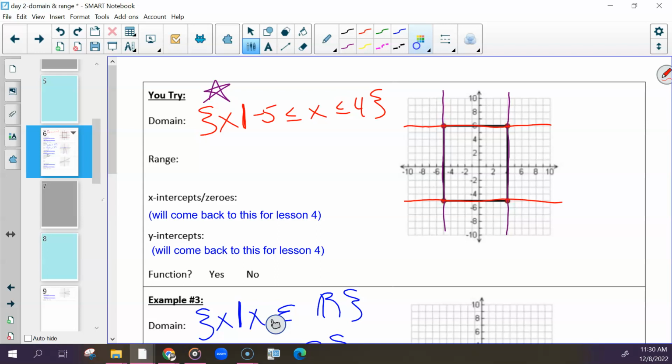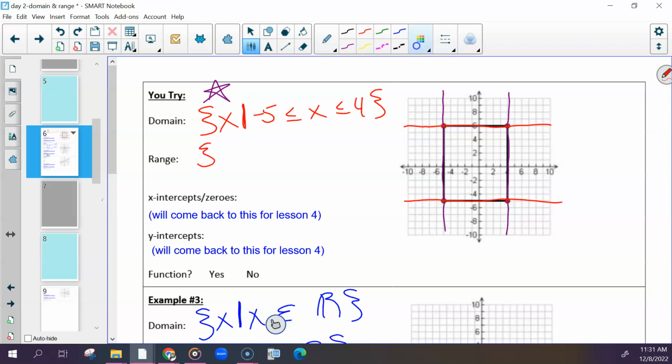And our range, how would we write that? Look at our lowest, look at our highest. We have endpoints, so they're going to look similar. Alex?